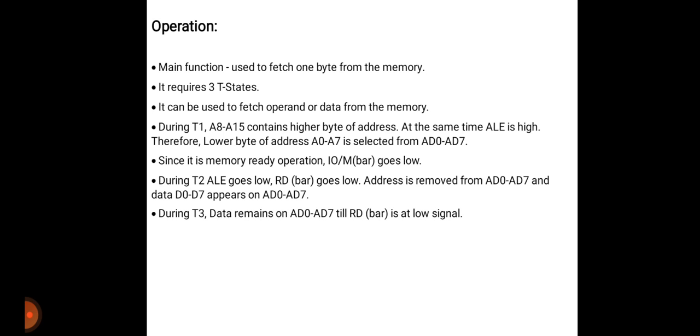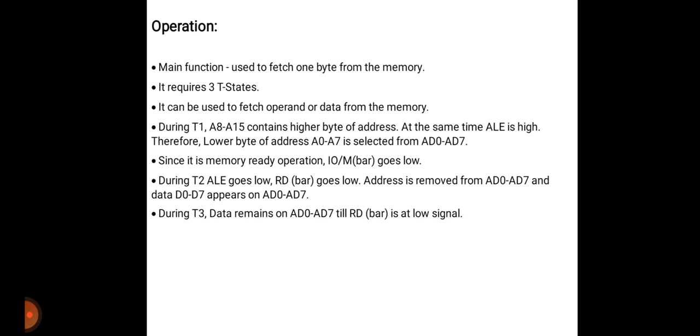The main function of this timing diagram is to fetch 1 byte from the memory location. It requires 3 states and can be used to fetch an operand or data from the memory. During the T1 state, A8 to A15 contain the higher byte of the address.